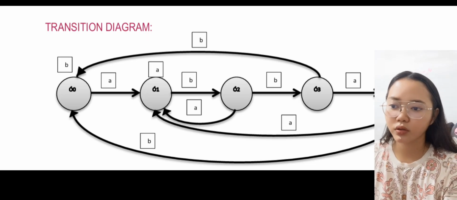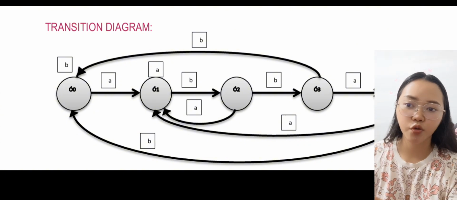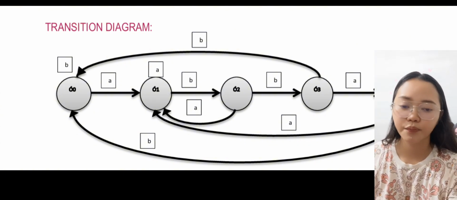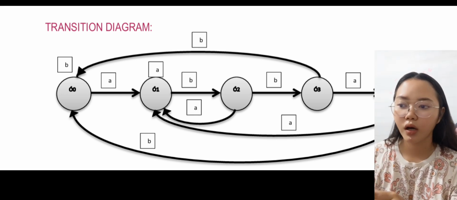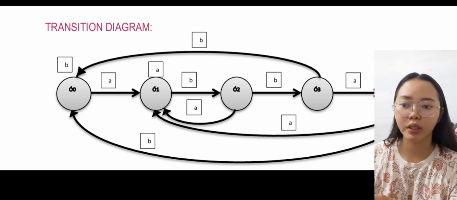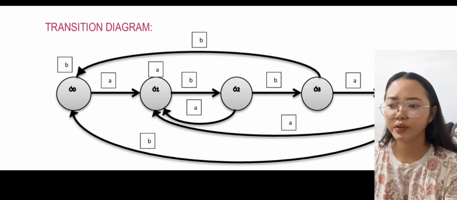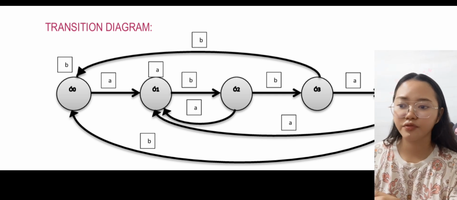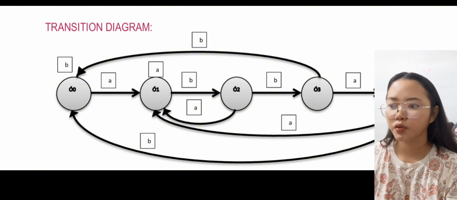Now here's the transition diagram. The states are shown as circles, and the arrows represent the transitions based on input. The machine starts at Q0 and follows the arrows depending on whether the input is A or B. The diagram gives us a visual map of how the machine processes the string step by step.